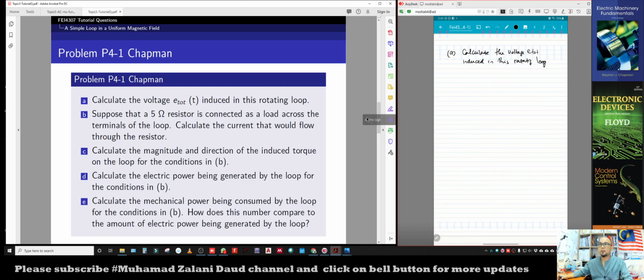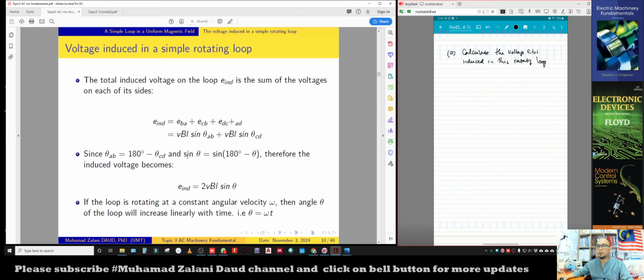If we want to calculate the induced voltage for this particular simple loop in a uniform magnetic field, we can just refer to our lecture notes.